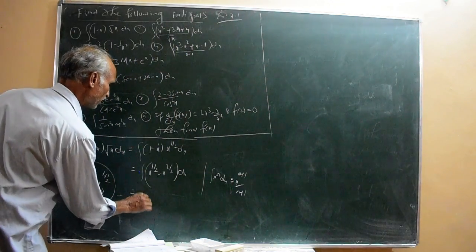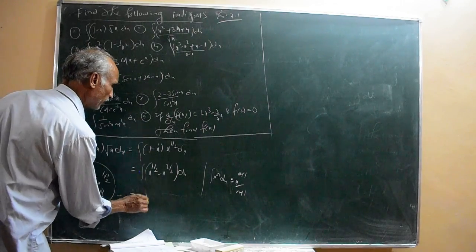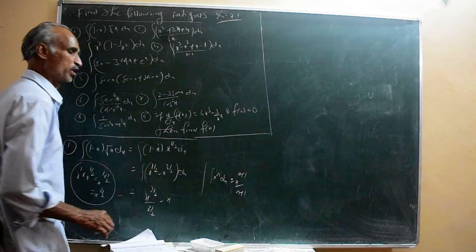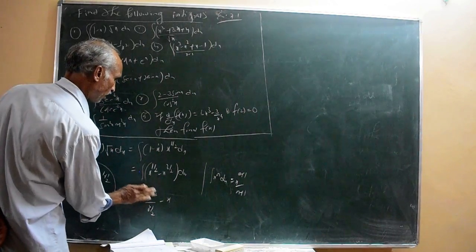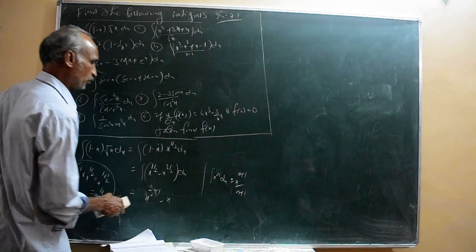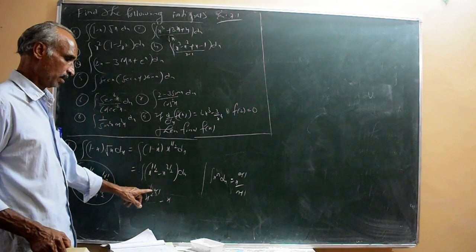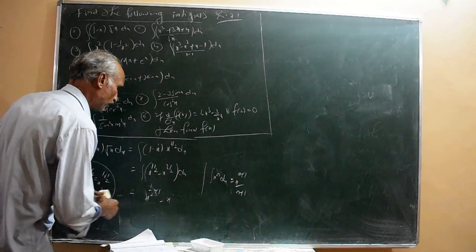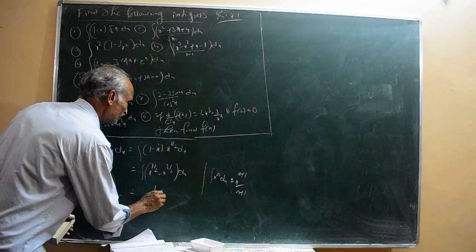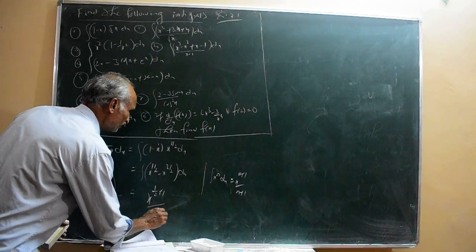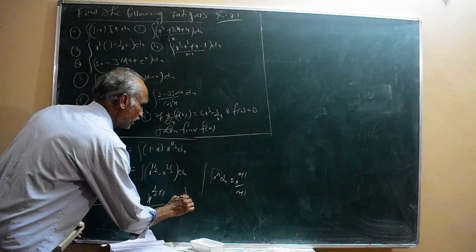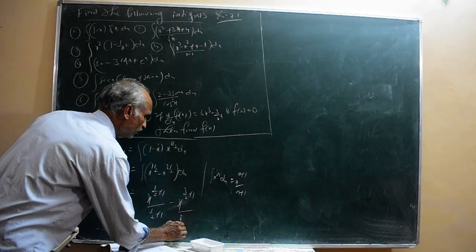That equals x raised to half plus 1, half plus 1 is 3 by 2, upon 3 by 2, minus integration of x raised to 3 by 2, which is x raised to 3 by 2 plus 1 upon 3 by 2 plus 1.